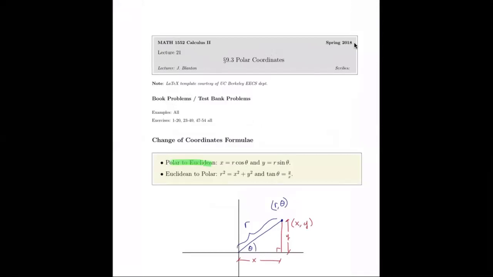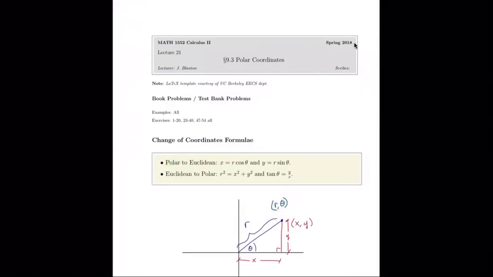Now, polar coordinates are specified by an angle theta and a radius r. So if we recall that we let what used to be the positive x-axis, we'll call it the polar axis now, and then we'll sweep out or subtend an angle of theta degrees.